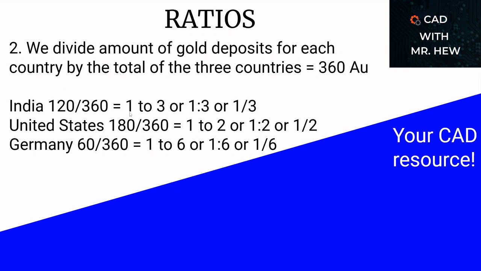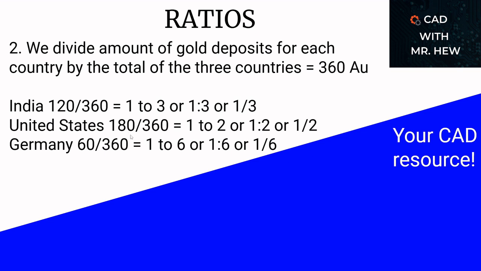And when you simplify the fraction, you would get 1 to 3. This is a ratio. Or from the previous video, it could also be written with a colon, which is 1:3, or as a fraction, 1/3.